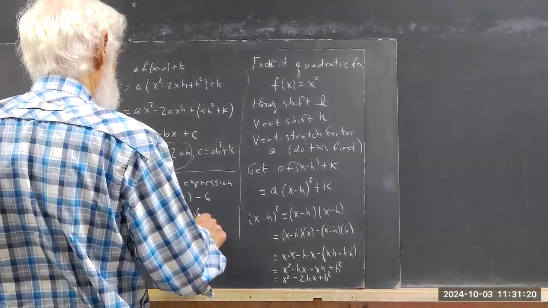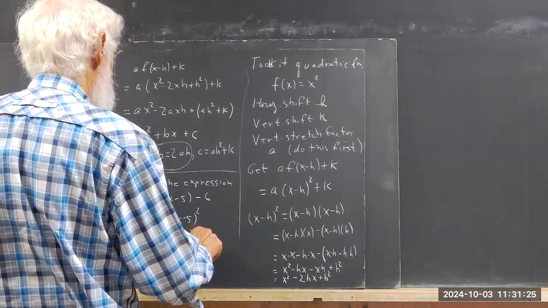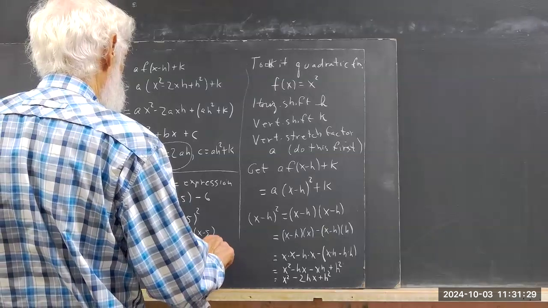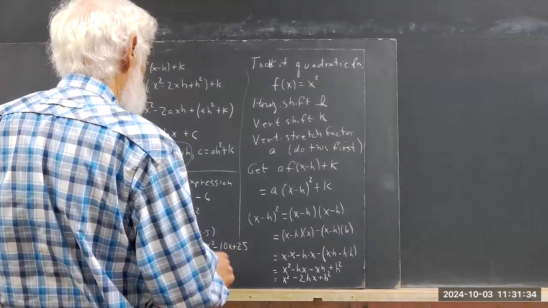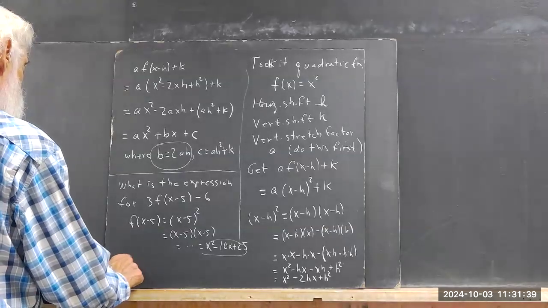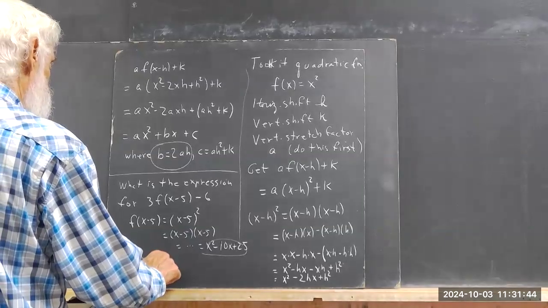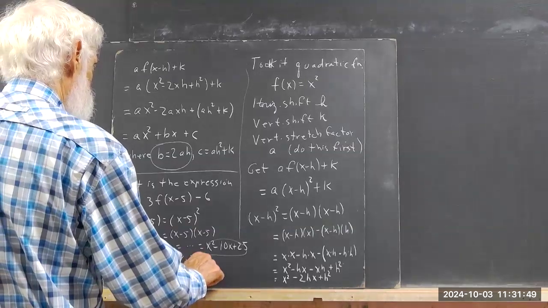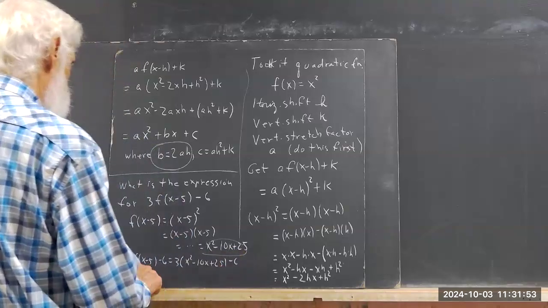The x minus 5 squared is x squared minus 10x plus 25. So 3f of x minus 5 minus 6 equals 3 times the quantity x squared minus 10x plus 25, minus 6.